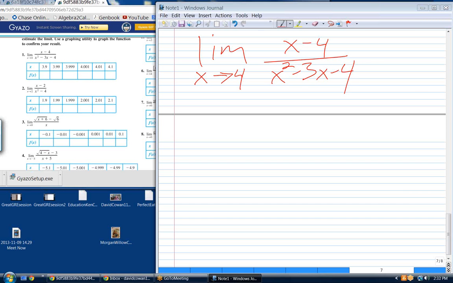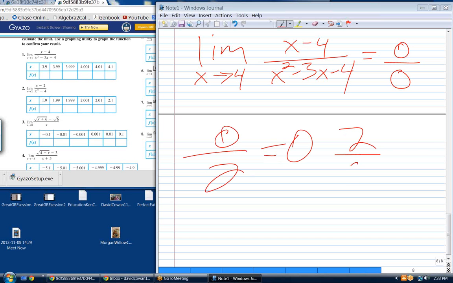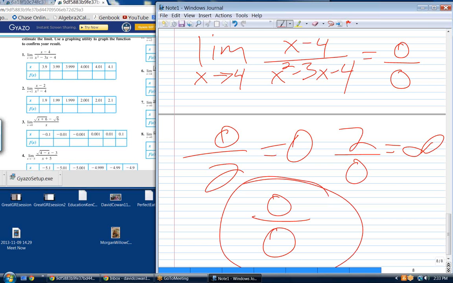No, plug it in. Plug in 4 for x. Unfortunately, that produces 0 over 0, which is called the indeterminate form. 0 over a number is always 0. In other words, 0 divided by 2 is 0, and 2 divided by 0 is infinity. So the only thing that presents problems is when we have 0 over 0, we don't know what that is without further investigation.